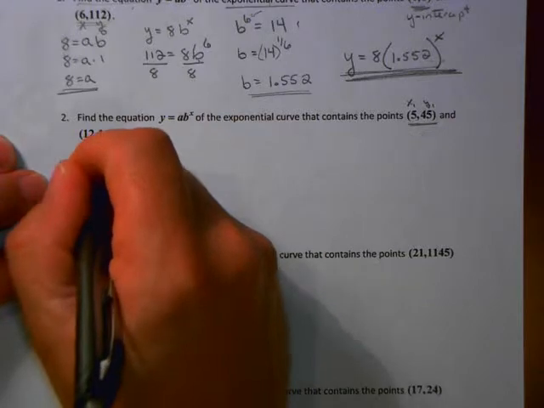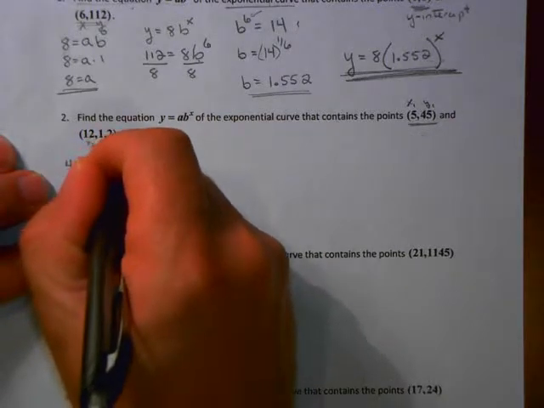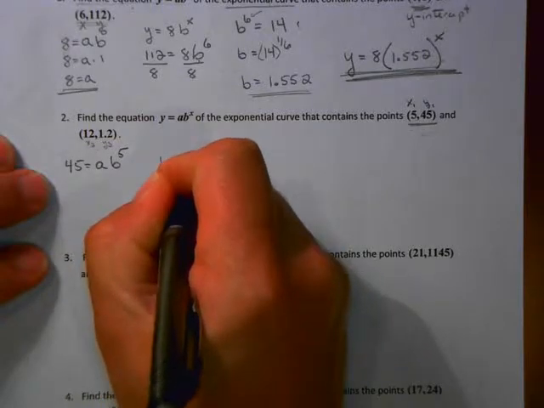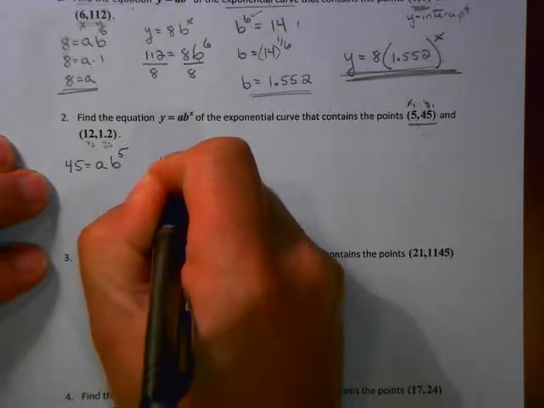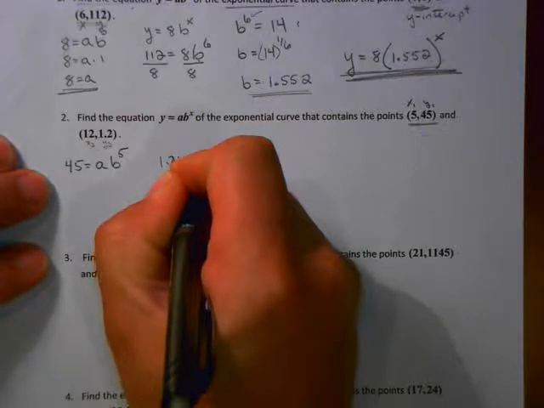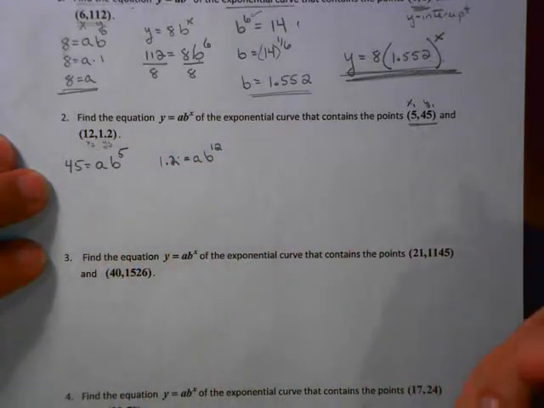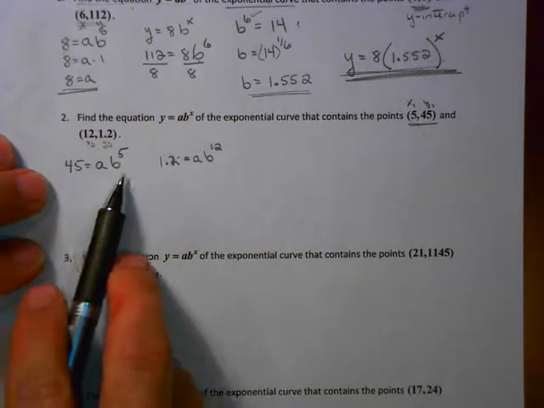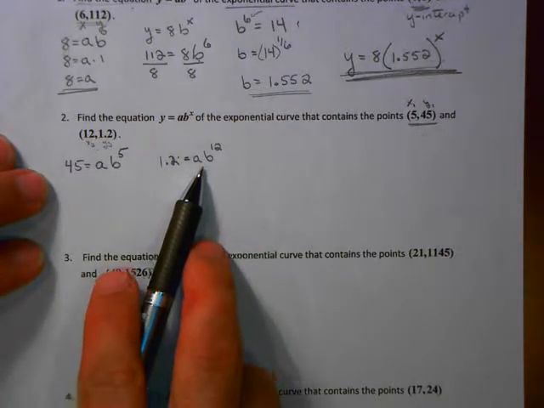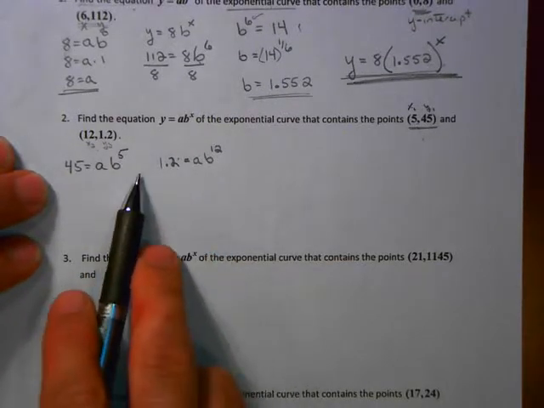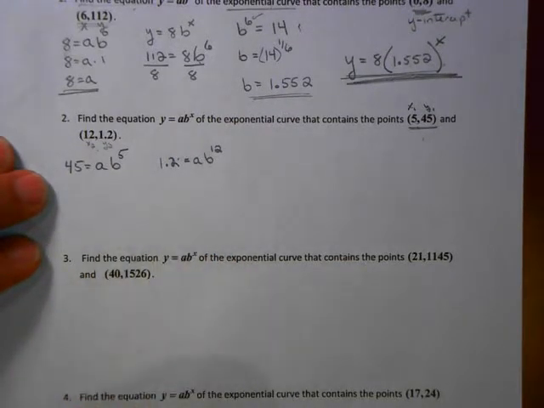Now my second point, x2, y2, is going to be 1.2 equals a b to the 12th. Now notice I don't know a, I don't know b. Here in my second equation, I don't know a, I don't know b. So I'm going to have to somehow get down to one equation, one unknown.